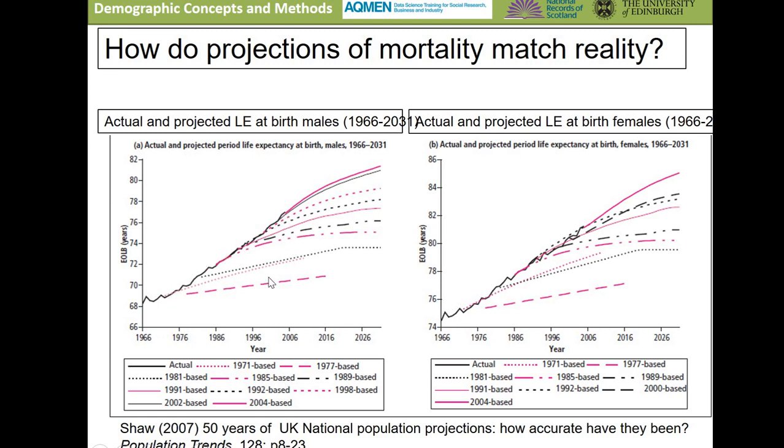So we can assess how well our projections do as the data becomes available, and one thing that appears to have happened with mortality is that the improvements in mortality during the 1970s and 1980s were greater than those projected. A nice reference if you want to look at it: Shaw, 50 years of UK national population projections, how accurate have they been? And that's in Population Trends.